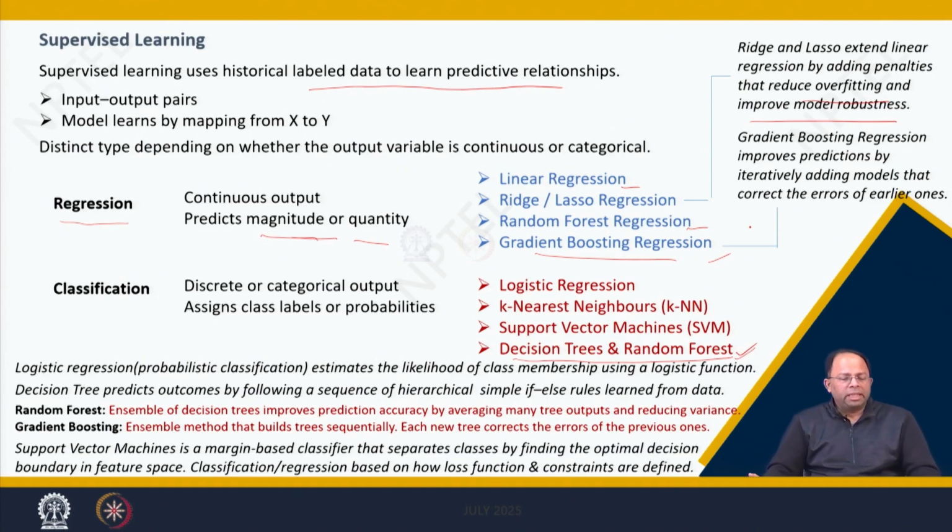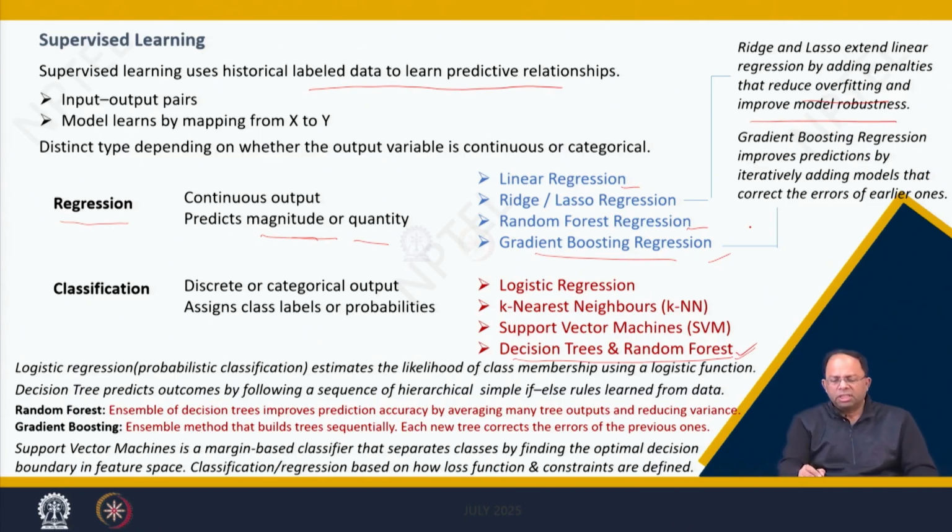Now, in the classification task, we assign labels or probabilities to each of these, so that we predict which particular class an item with these features will fall into.